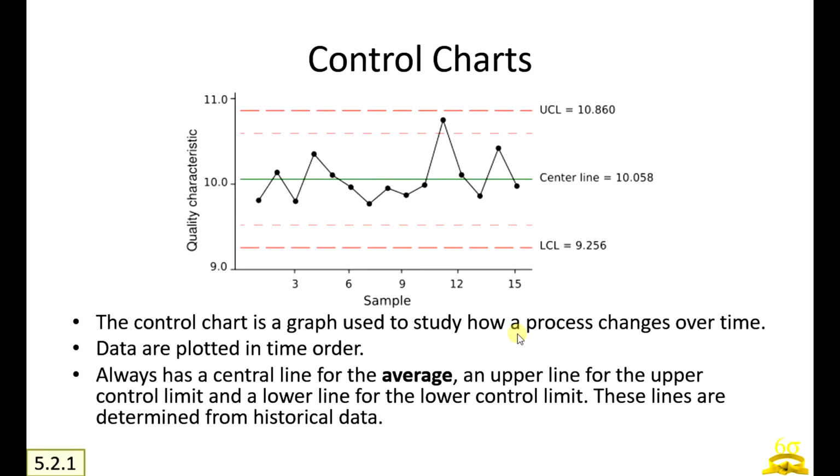Before getting into the data, let me share with you the broad components of a control chart. We have a center line, which is a mean of the entire set of data we have, and then we have a LCL and UCL.